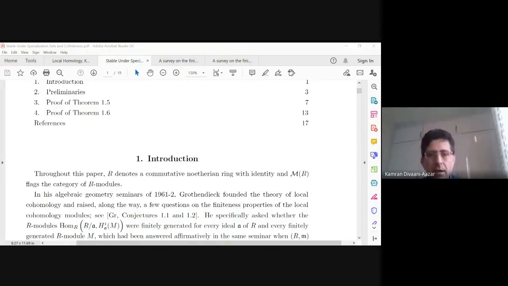There is a theory of local cohomology in compactly generated derived categories by Benson, Krause, and Iyengar. That is a different topic.